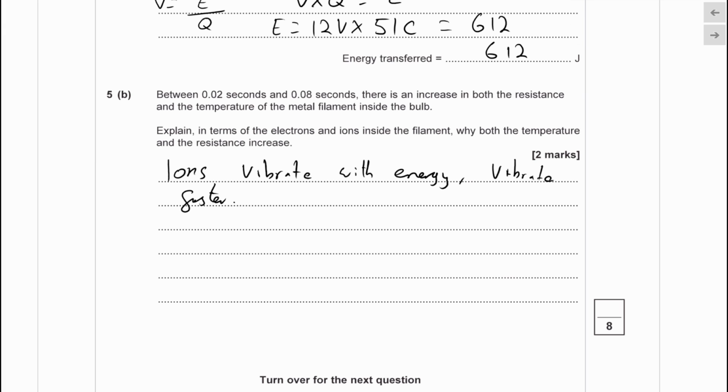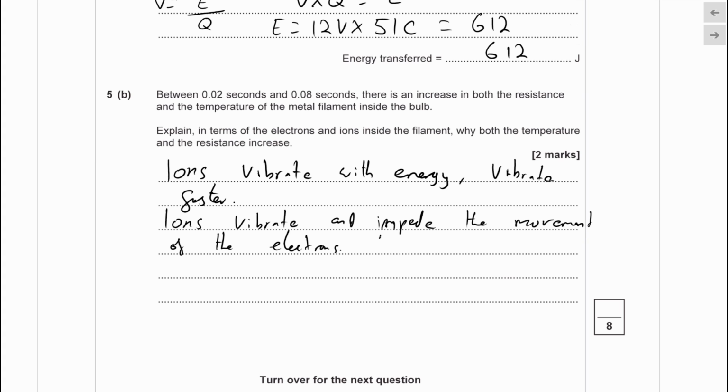Now, why would that cause the resistance to increase? Well, ions vibrate and impede the movement of the electrons.